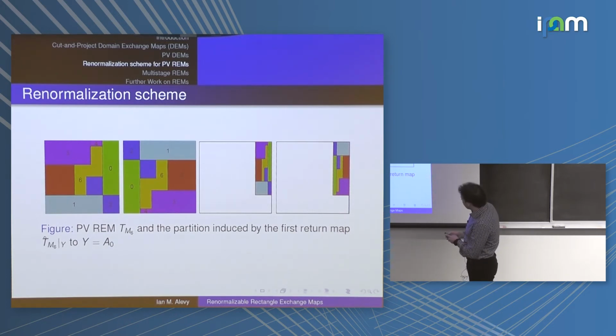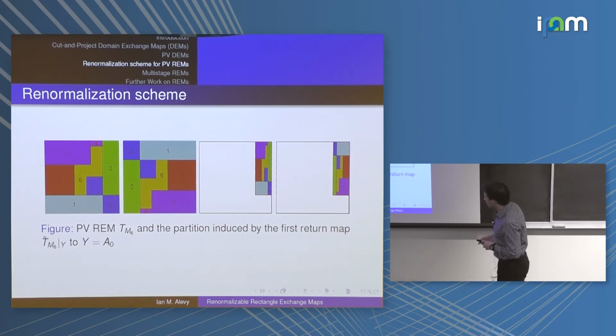This green region in the first return map gets subdivided into separate pieces, and they all travel around the domain, and different pieces will take different numbers of steps to return back to this set Y. But they all come back together, and then they form this very nice first return map, which is just a scaled copy of the original one.